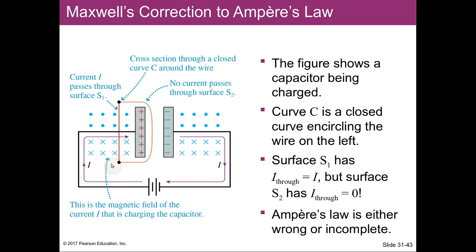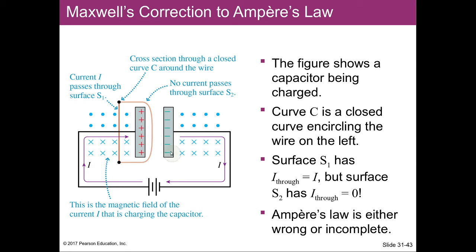Well, now let's have S2 go around the capacitor plate, and of course after a long time the capacitor is charged, there's going to be zero current in the physical wire, zero current through S1, zero current through S2, so after a long time there's no issue.